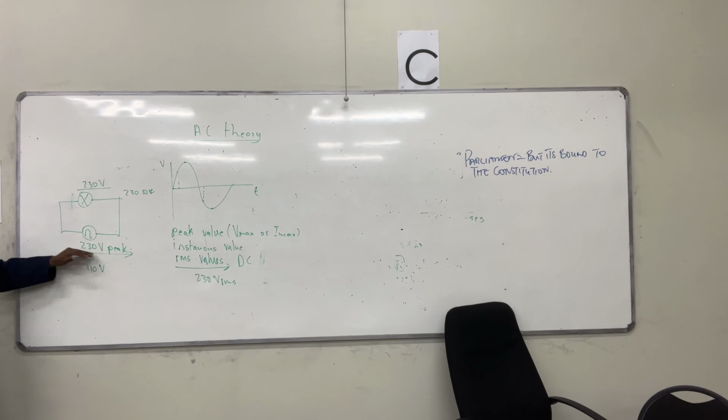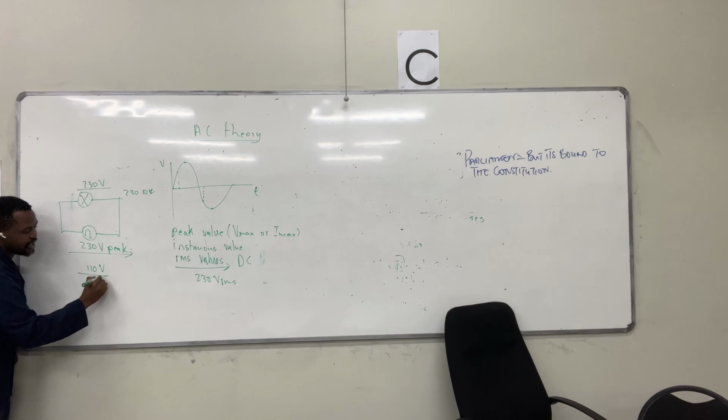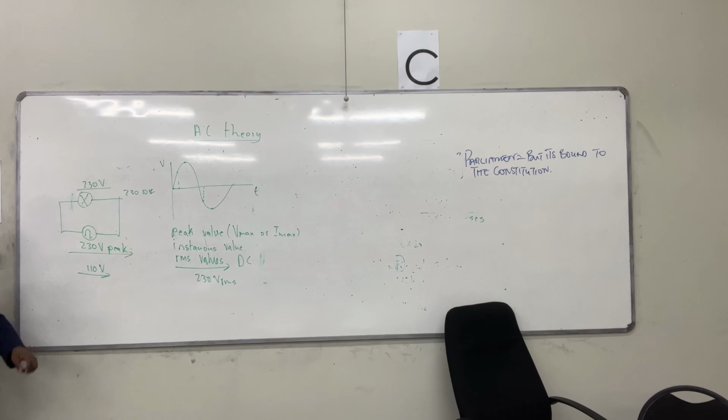But if we put 230 volts peak, it won't light up properly because on average it's receiving 110, because this value is fluctuating. So how do we solve this problem?